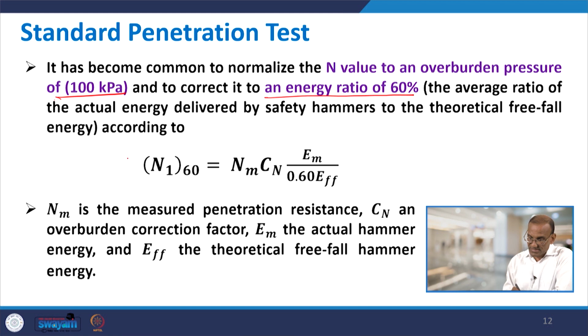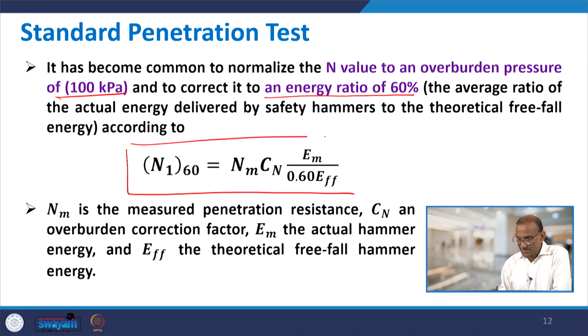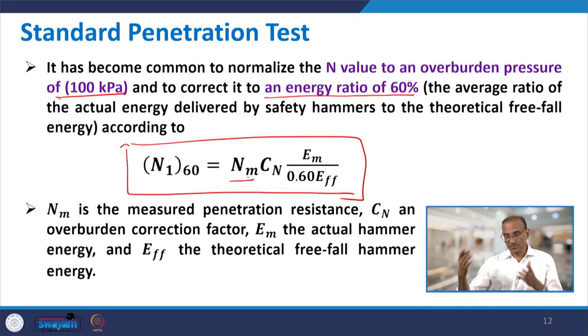So, you have N160 = Nm Cn, and this is the equation. Here Nm is the measured penetration resistance from the field, and Cn is the overburden correction factor, applied for overburden.